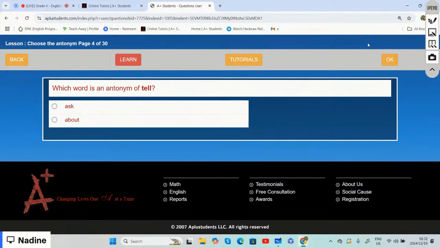What is the word that's the antonym of tell? It's either I tell you something, the opposite of tell, is it ask or is it about? Ask or about.